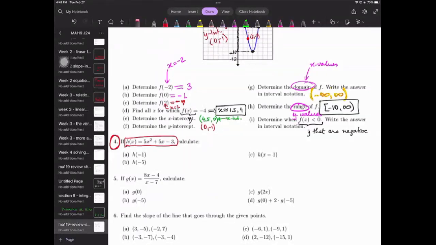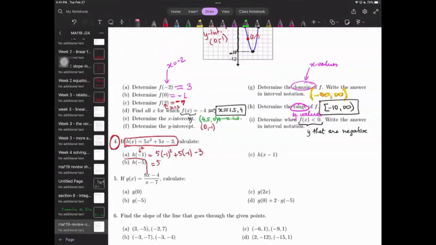All right. For example, let me do part A. h of -1 means that the x value is -1. So using the expression above to calculate that, we do 5 times (-1) squared plus 5 times -1 minus 3. And now using parentheses, you're going to evaluate that.